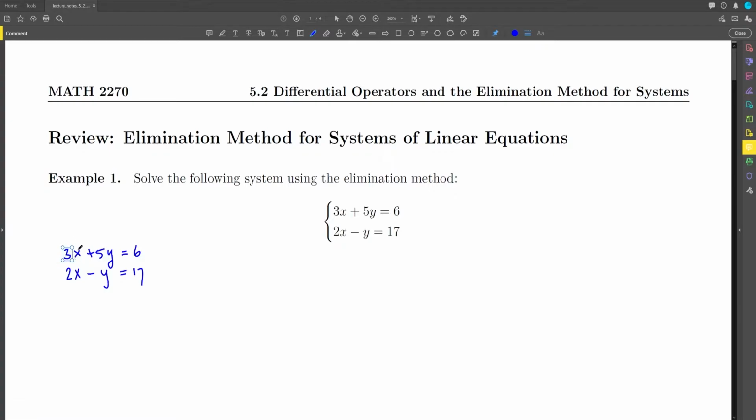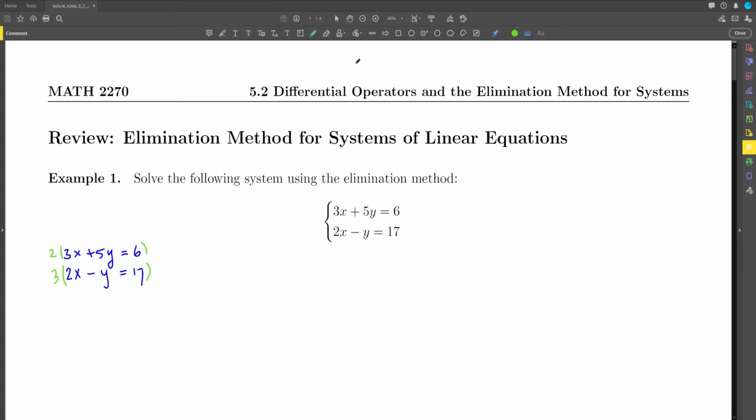So let's say that we want to eliminate the variable x. What we could do is multiply the top equation by 2, and we can then multiply the bottom equation by 3 so that the x's will have the same coefficient.